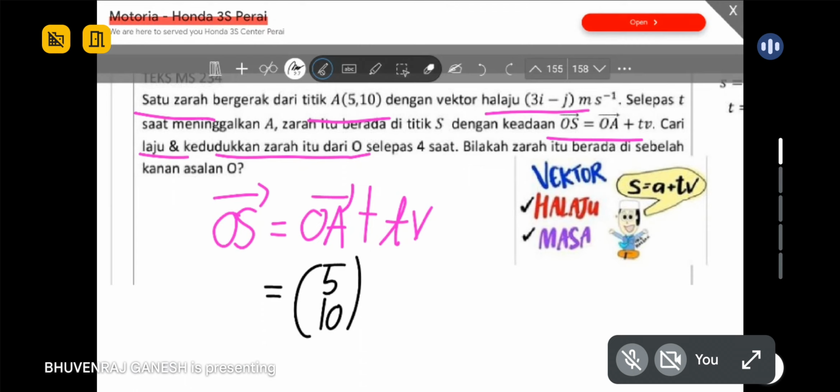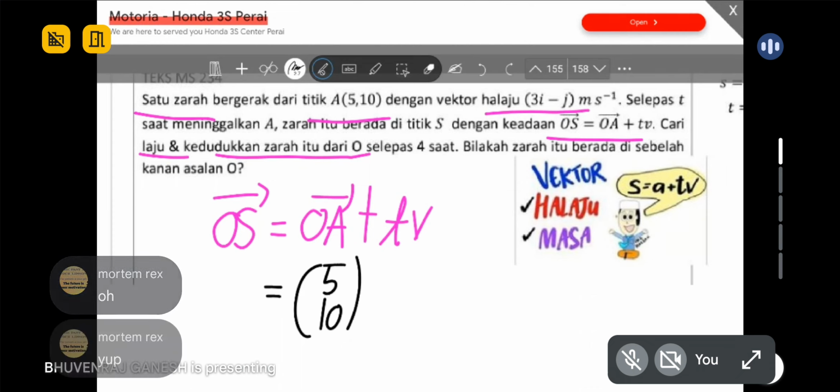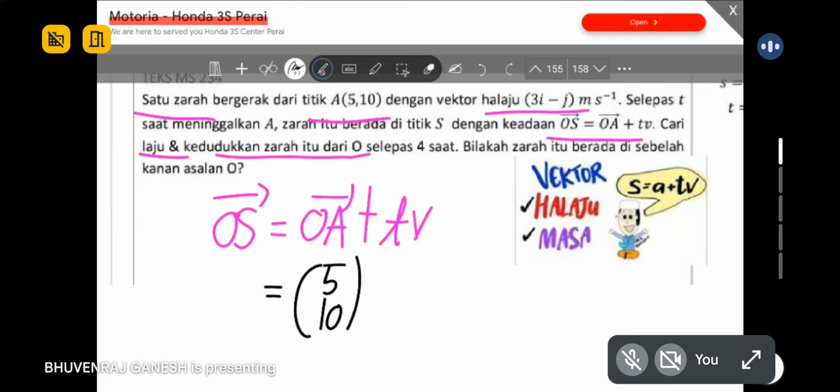No need to always write in vector form. Remember, vector you can also represent it in matrix form. Do you all remember that? Now you guys learn matrix, right? I'm sure you guys already study Form 5 Chapter 2 Maths. You must understand that vector, you can actually write it as matrix. Okay, boleh tulis dalam bentuk matrix bagi vector.